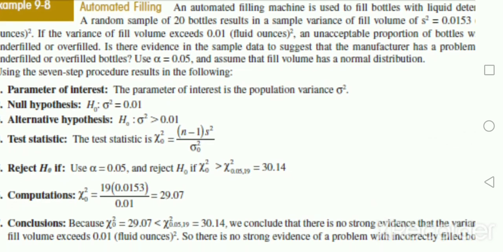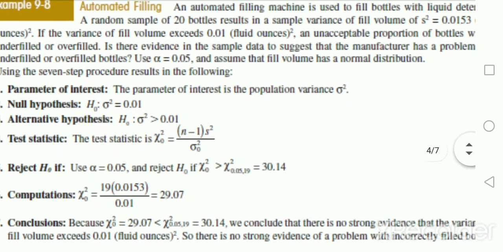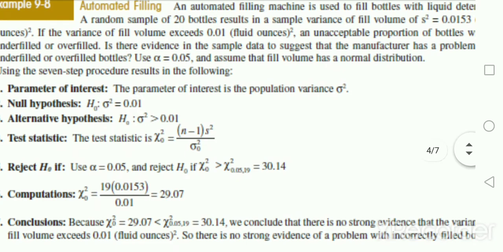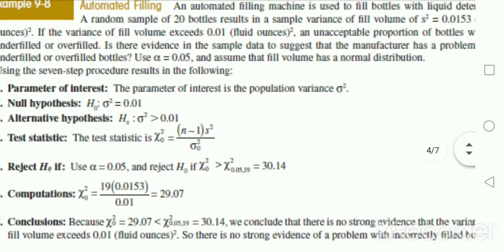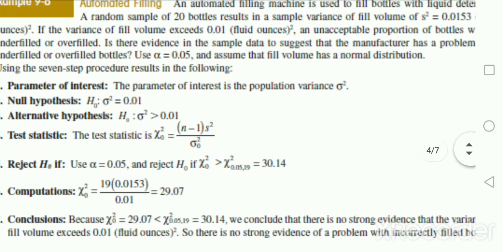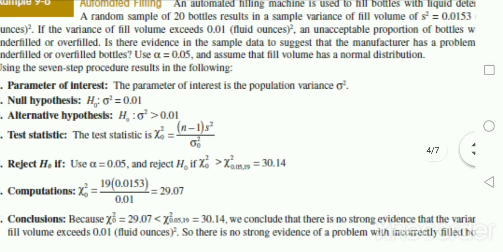For the rejection criterion, for the alternative hypothesis sigma squared greater than sigma naught squared, we reject if chi-squared naught is greater than chi-squared alpha comma n minus 1.